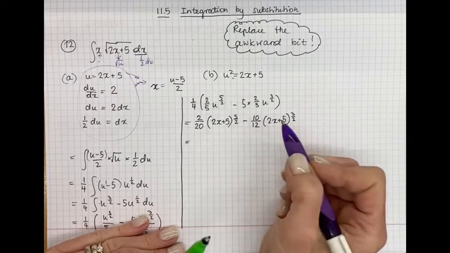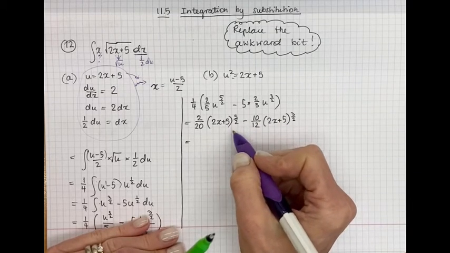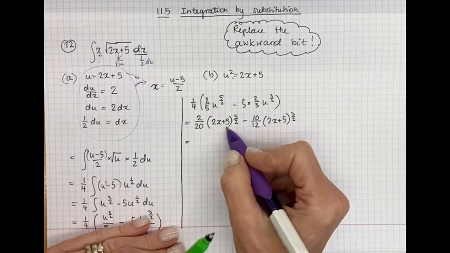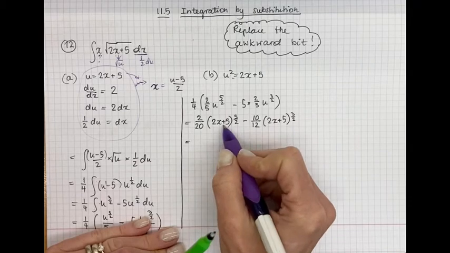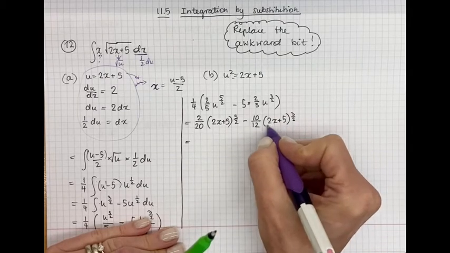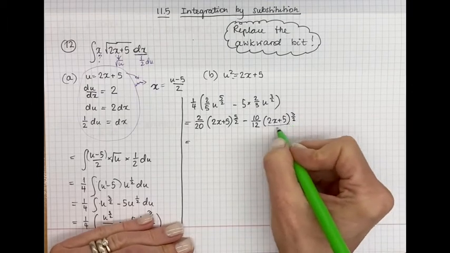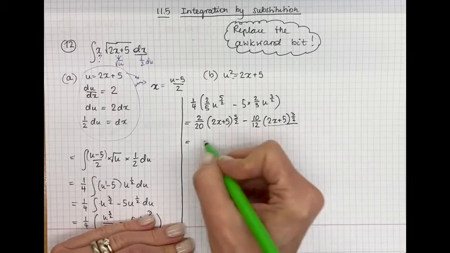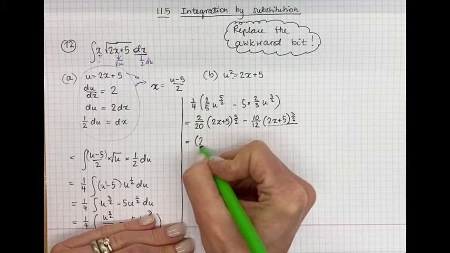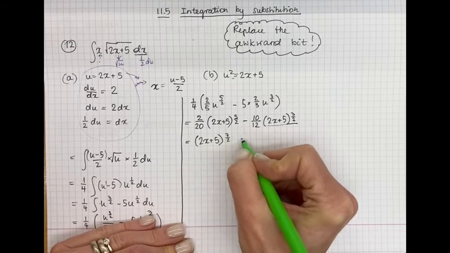Now, it's quite a tricky thing to realize how that can be factorized, but if that's the same power, you can take the biggest amount of 2x plus 5, which is 2x plus 5 to the power of 3 over 2, so you can take it out.